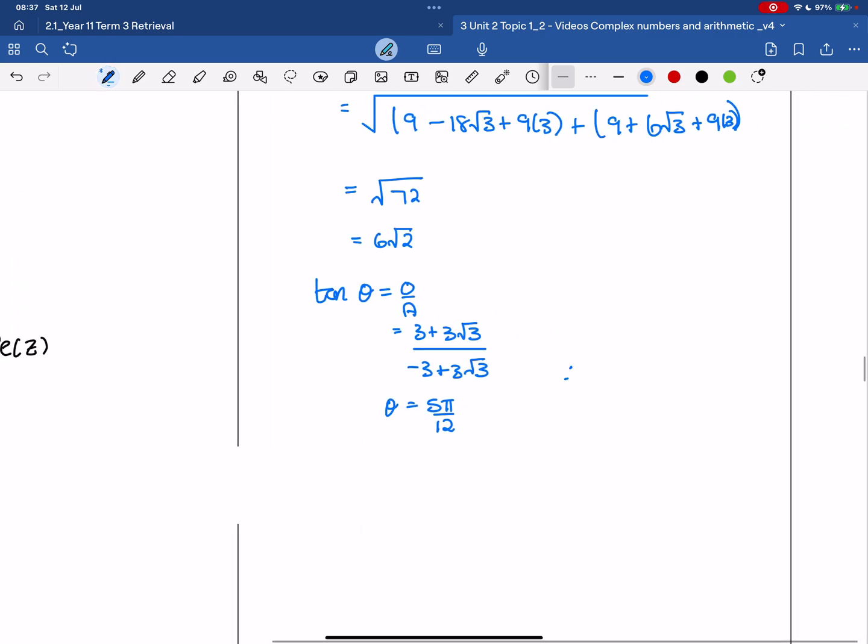And so therefore ZW is 6 root 2 cis 5 pi on 12.